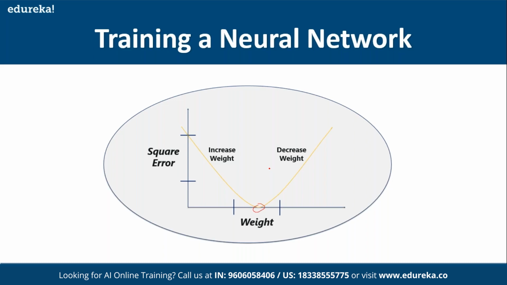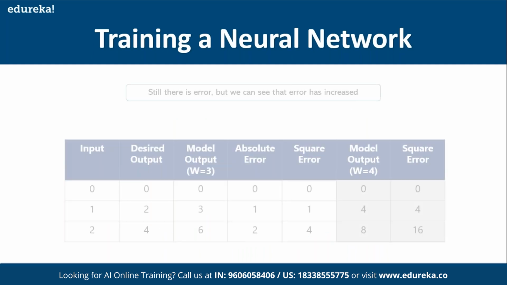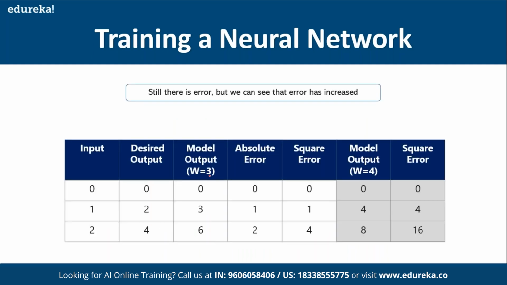If you do the increment very small, for example in our example we were incrementing it by 1, you can increment by 0.1, 3.1, 3.2, 3.3. For everything it has to do the calculation. Doing so many calculations and tabulating them to see whether the error is increasing or decreasing makes your neural network really computationally intensive.